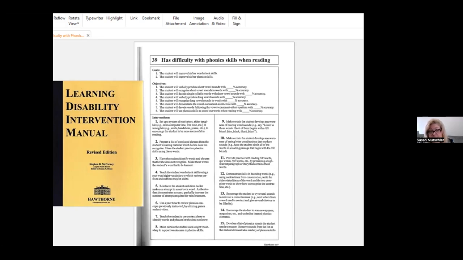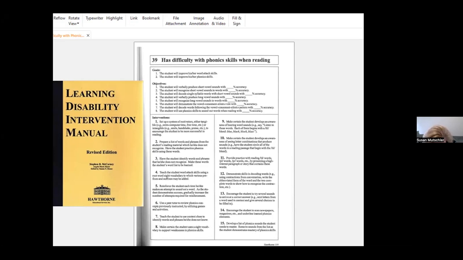But for example, if somebody has difficulty with phonics skills when reading, this literally will tell you how to overcome that. I mean, it literally gives you all these suggestions, like prepare a list of words from the student's reading material, which he or she does not recognize, and have the student practice the phonics skills using these words.